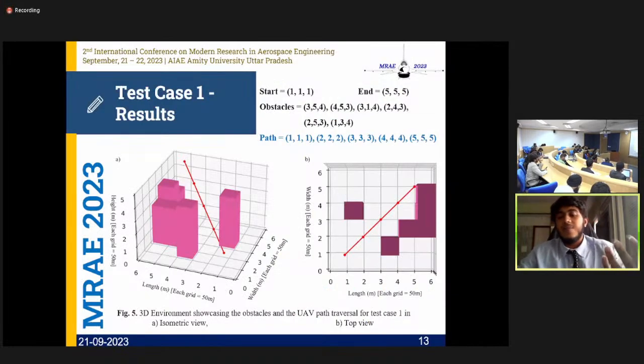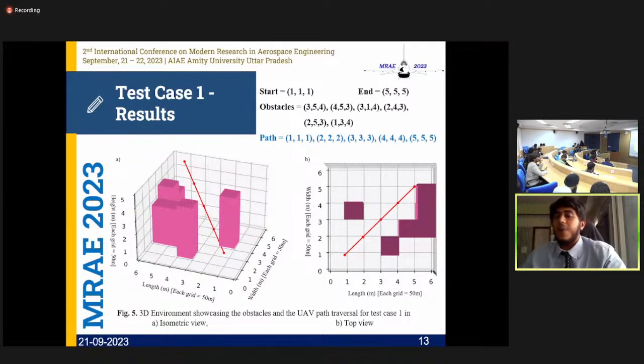Now, having said that, coming to the experimental results, we have considered three test cases which vary in terms of obstacle placement and different start and goal coordinates. As you can see, the first test case is rather a simpler case wherein the obstacles are not that compact, or they are sparsely placed.